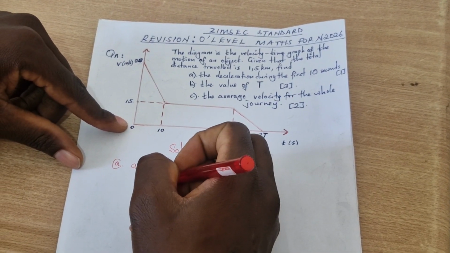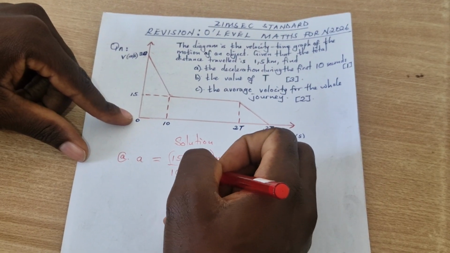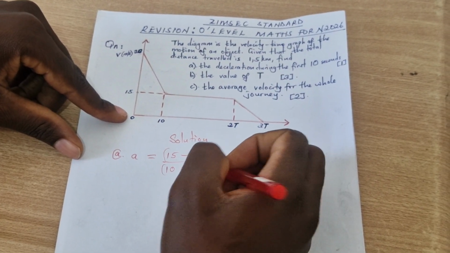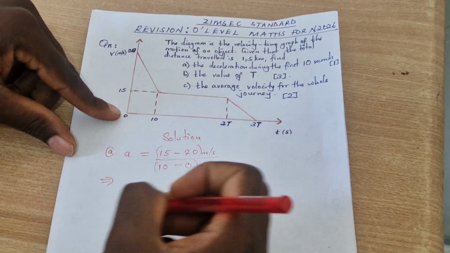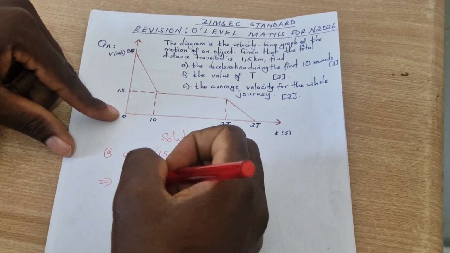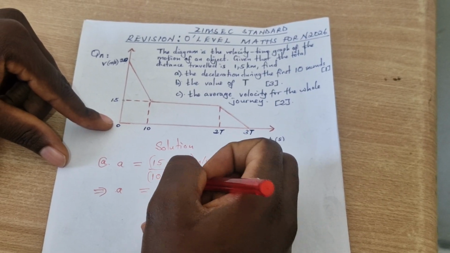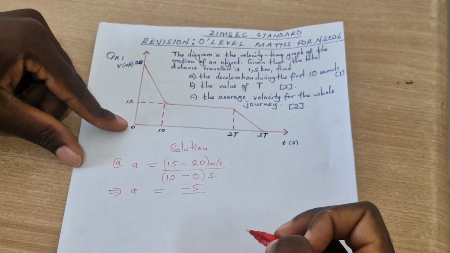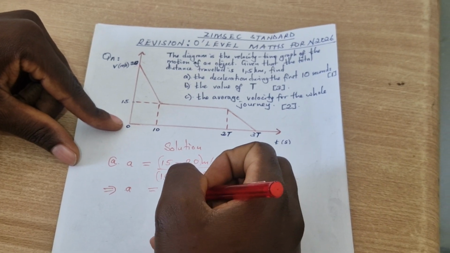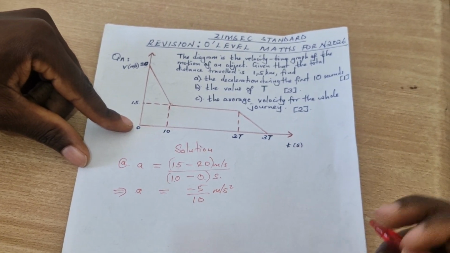So acceleration is 15 minus 20, we get negative 5, over 10 minus 0, we get 10 meters per square second.